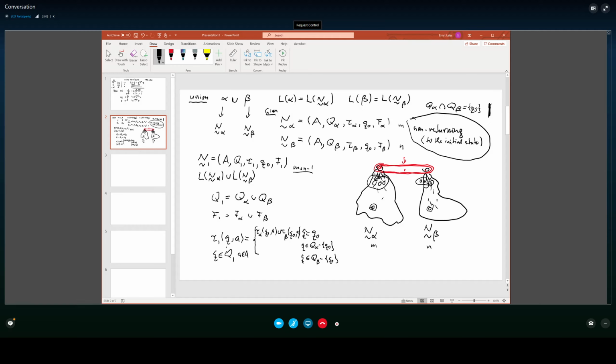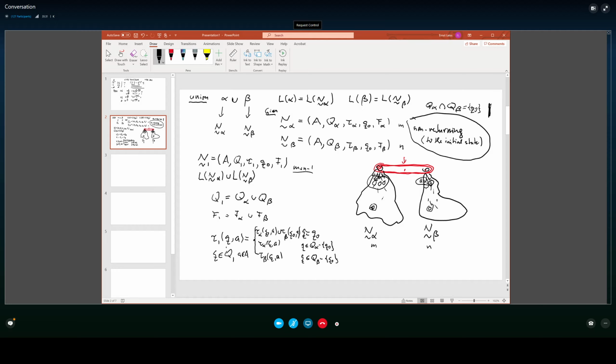In this case, it is completely boring, because if the state is a state of the first automaton, then it is tau alpha of Q and A. And if it is in the second automaton, then it is tau beta of Q and A. So nothing changes.